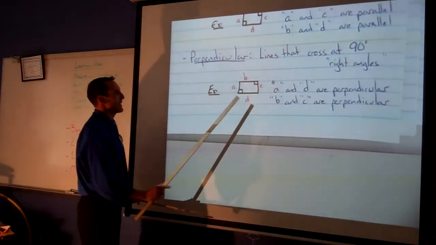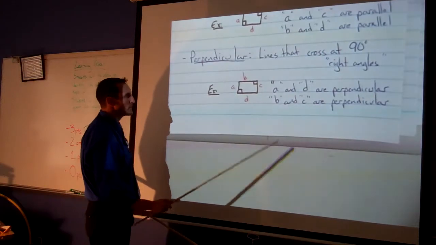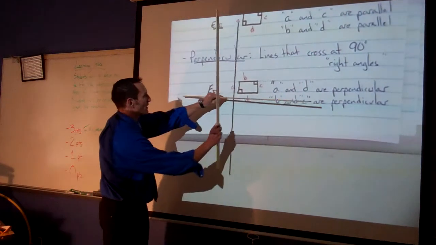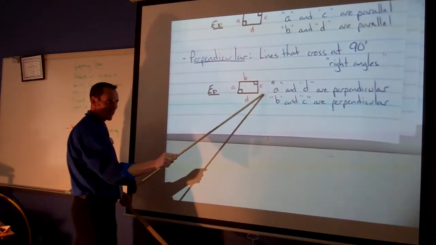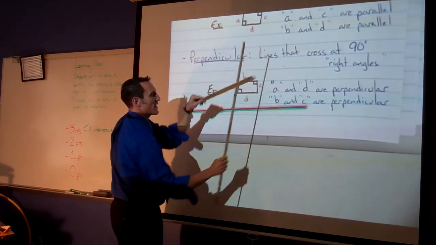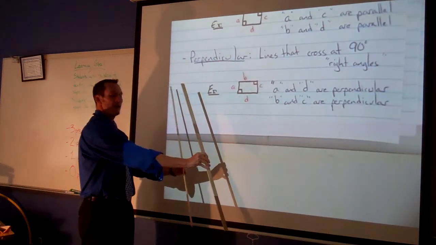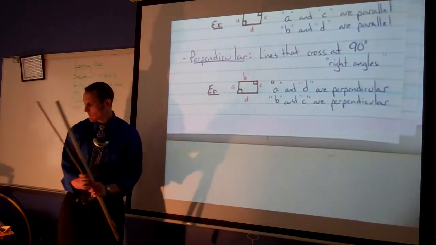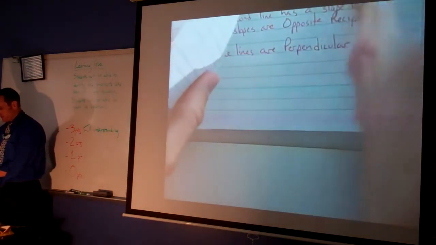If we have a rectangle ABCD, and that little square means it's a 90-degree angle, side A and side D are perpendicular to one another. Side B and side C are also perpendicular to one another. They cross at right angles. So we have to remember the definition of parallel and the definition of perpendicular. With that, we can now get into notes.